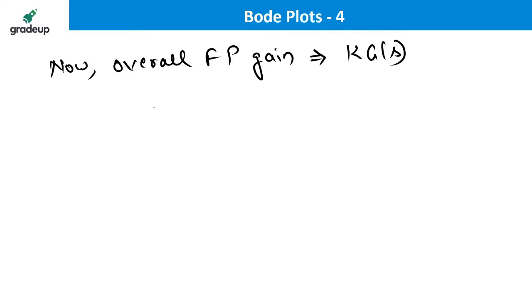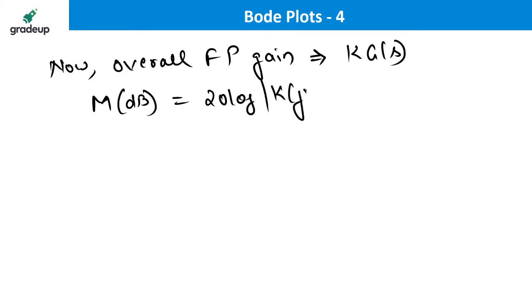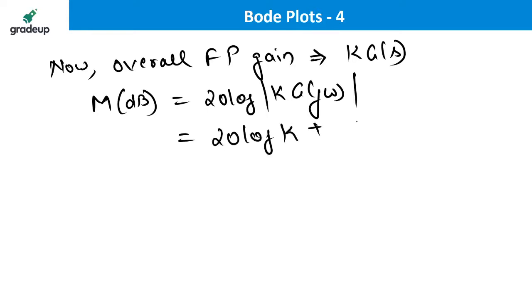So the magnitude in decibel will be written as 20 log of mod K GJ omega. First, you'll obviously convert into frequency domain. And that is 20 log K, splitting the term, plus 20 log mod GJ omega.